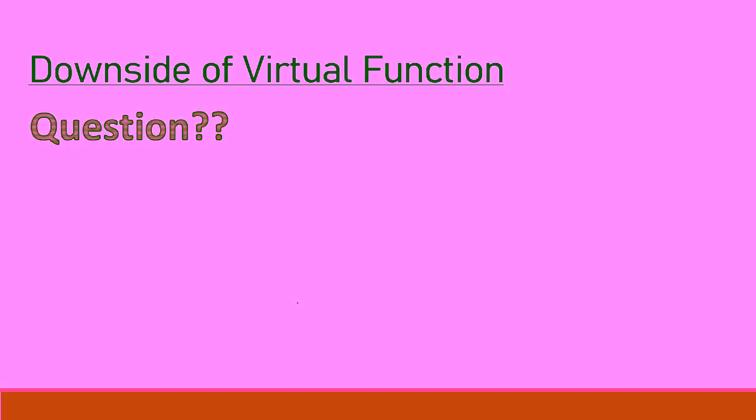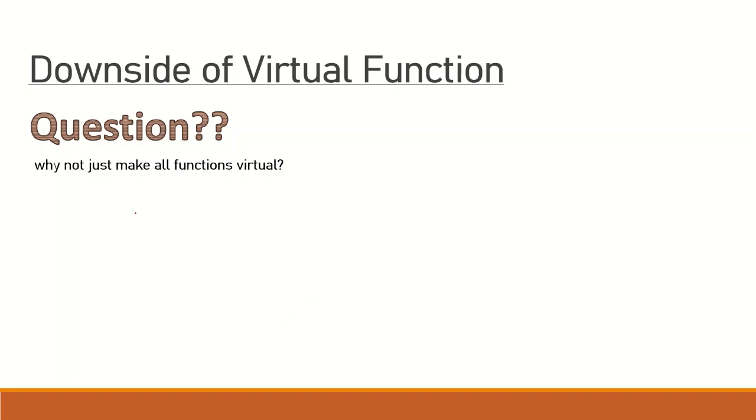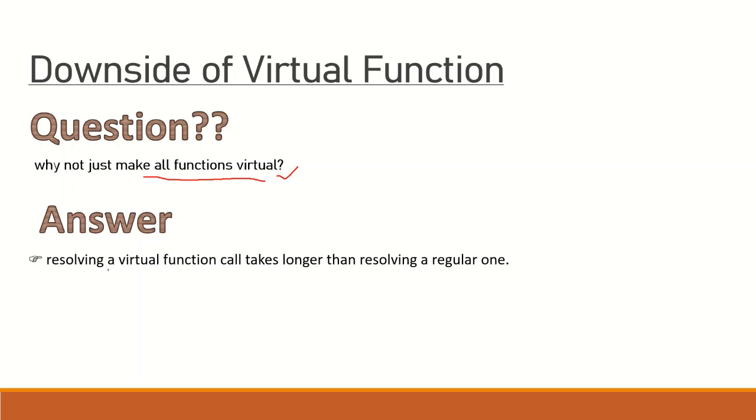Let's go deeper into the virtual function. There are a few downsides of virtual functions. What is the downside? Here is the question: why not just make all functions virtual? Is it okay if I declare all the functions in the base class as virtual? The answer is that resolving a virtual function call takes longer than resolving a regular one.